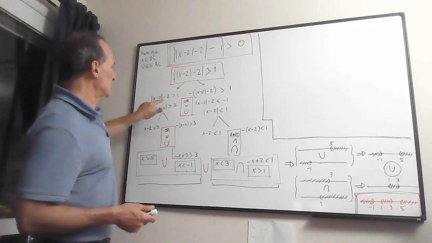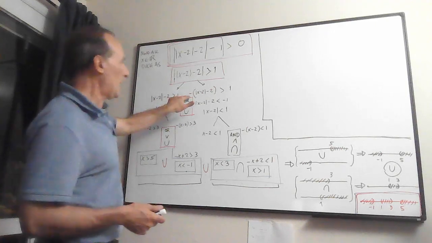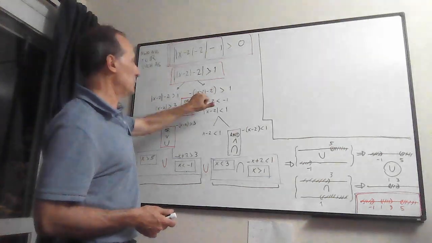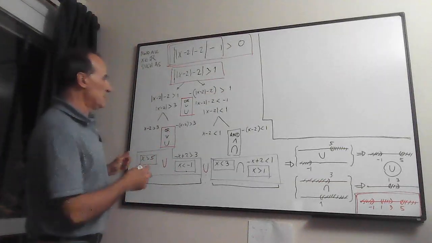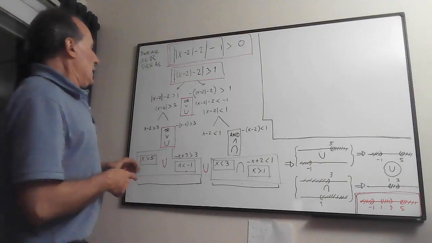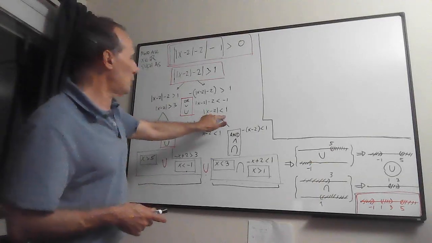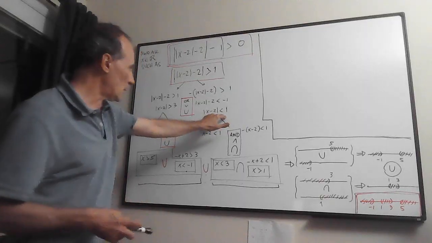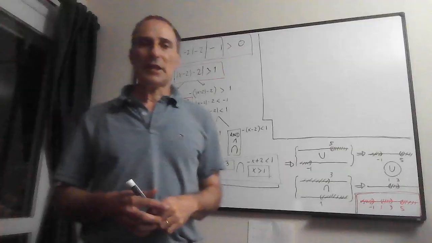The first part is the absolute value of x minus 2 greater than 1, or minus the absolute value of x minus 2 greater than 1. And that can be rewritten as x minus 2 greater than 3 or x minus 2 less than 1. We're talking about an OR. That means a union.